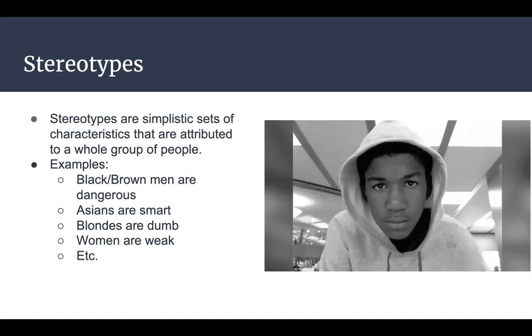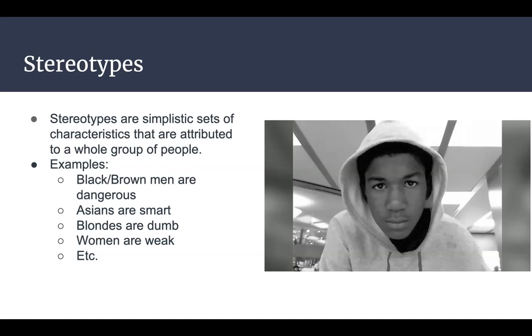And one thing that stands out is the hoodie. The hoodie became an icon, right? And for social justice groups, to show that just because he's wearing a hoodie doesn't mean he's dangerous.